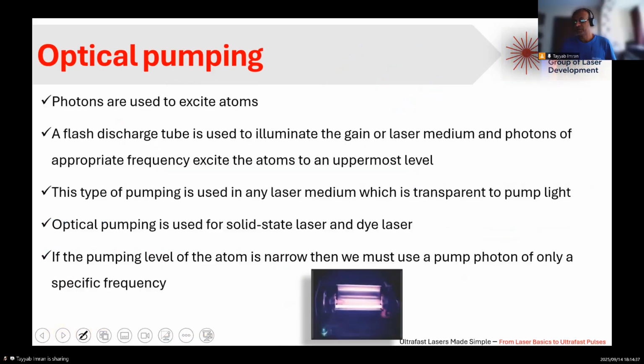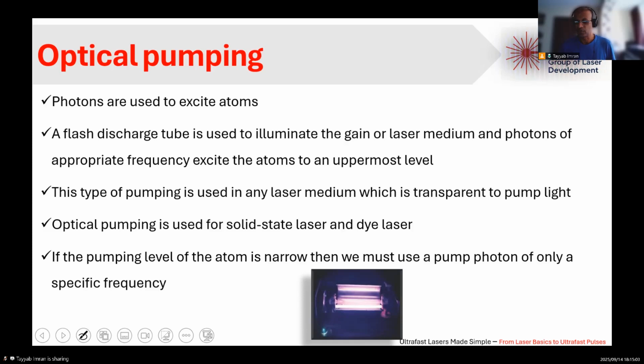Optical pumping is more common in most lasers. Whenever we use a solid state laser, we need an optical pumping source. It provides intense illumination to the gain medium.